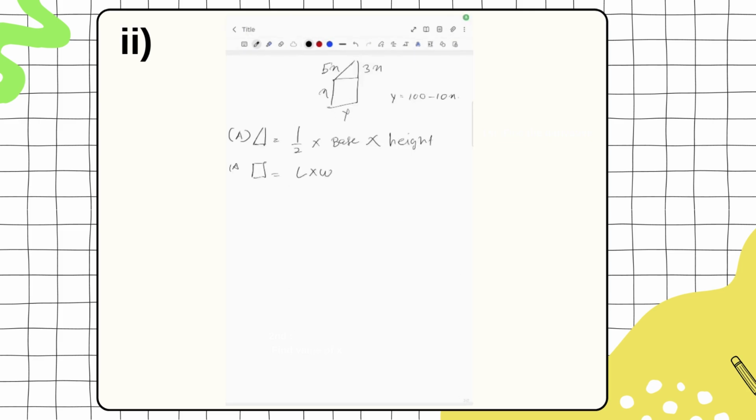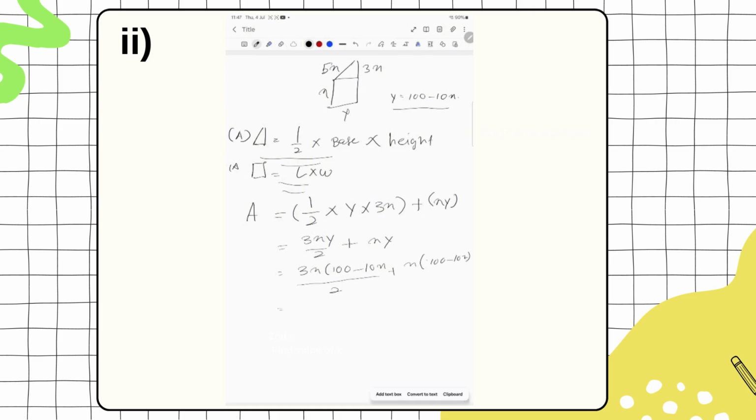For equation 2, Roman numeral II, there is a triangle and a rectangle, and there is the formula of triangle and rectangle. So area is 1 over 2 multiplied by y multiplied by 3x, plus the rectangle xy. It simplifies to 3xy over 2 plus xy, and then from equation 1, y equals 100 minus 10x, we substitute in the equation. So 3x times (100 minus 10x) over 2, plus x multiplied by (100 minus 10x).